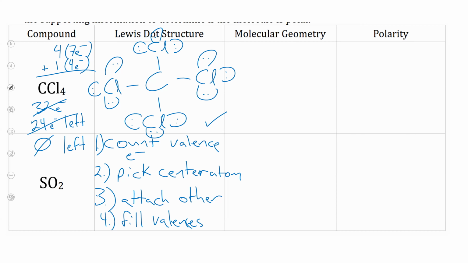How do we figure out the molecular geometry? We need to count the electron domains, count how many things are taking up space around the carbon, which gives us tetrahedral shape. If we have 4 things taking up space around the carbon, we're going to have that tetrahedral geometry. If you don't want to memorize the word tetrahedral, that's fine.